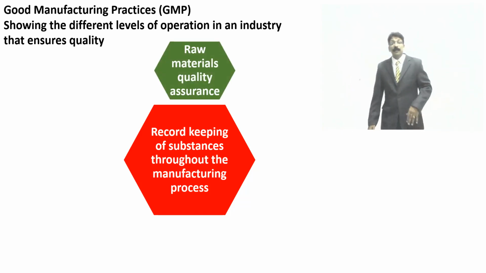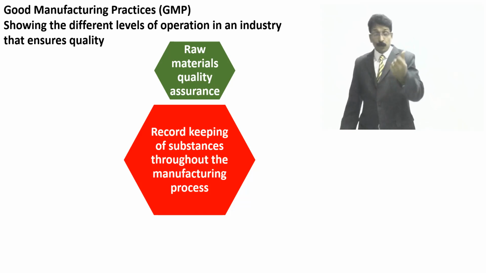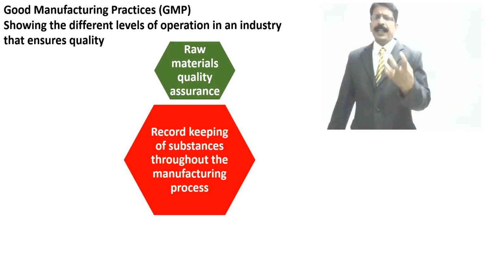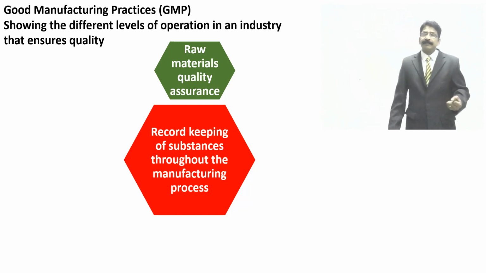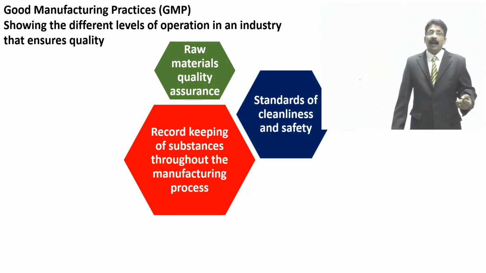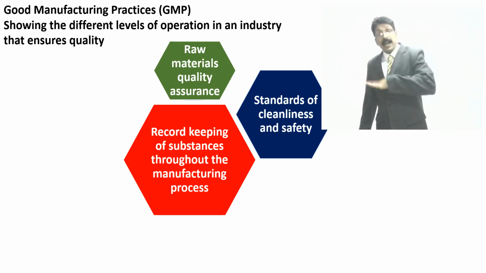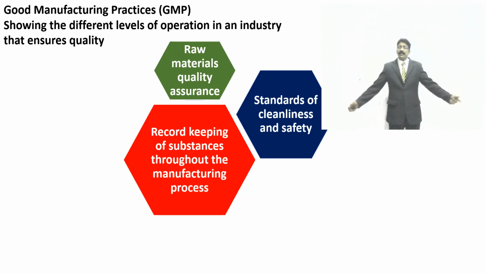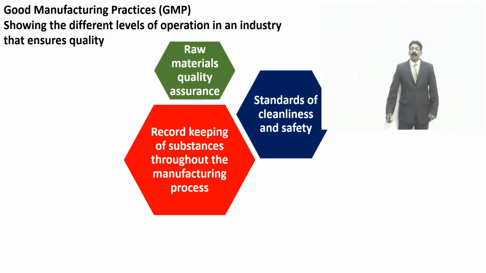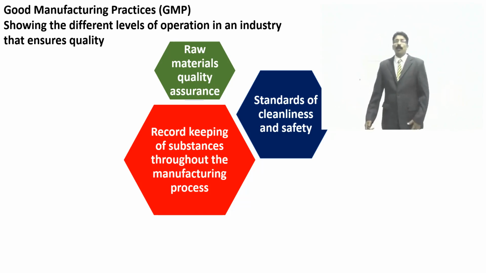Raw material quality assurance: checking the quality of the raw material you are using for manufacturing. Standards of cleanliness and safety of the premises is also an important aspect of good manufacturing process.